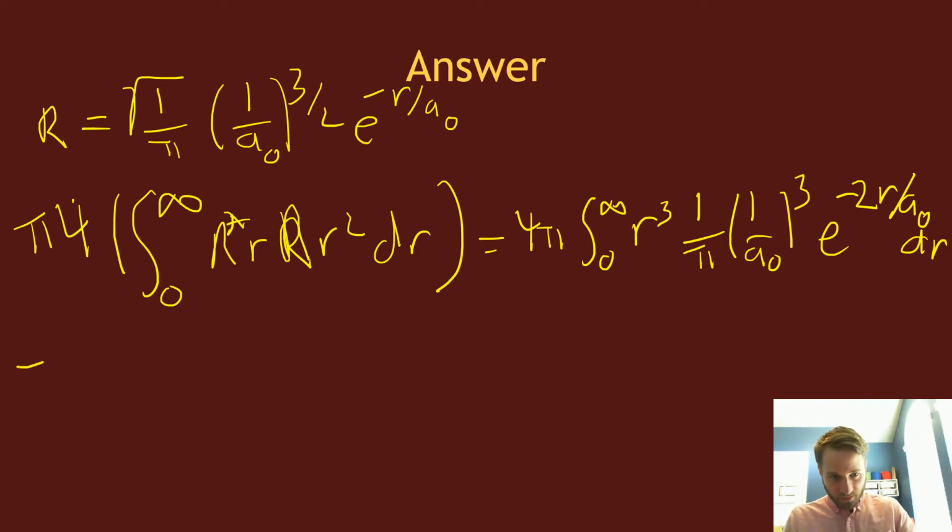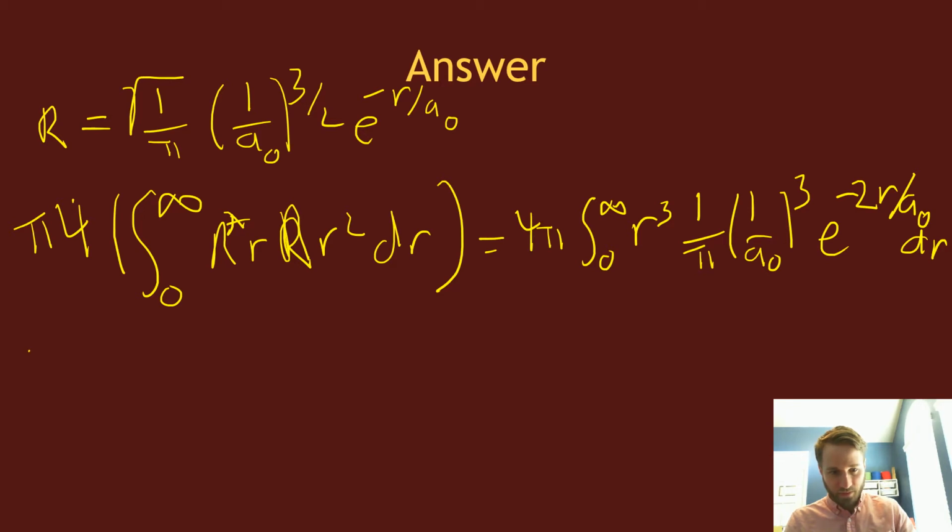So this then is equal to 4 pi, and then pulling out the other constants, we get 1 over pi. Let's erase this here and try this again, to see if I can do a better job writing this out.